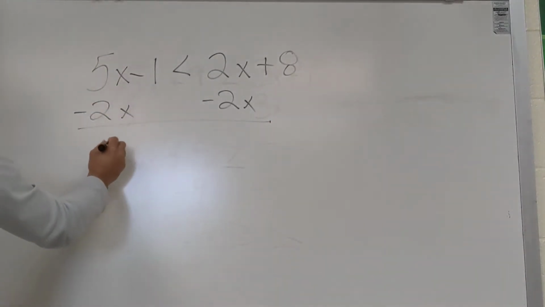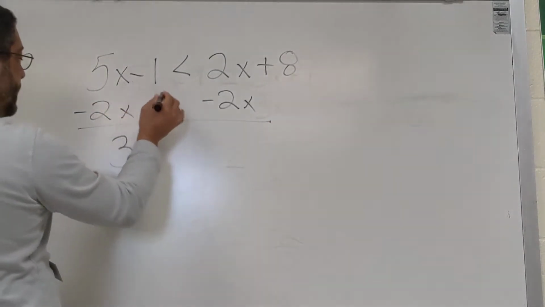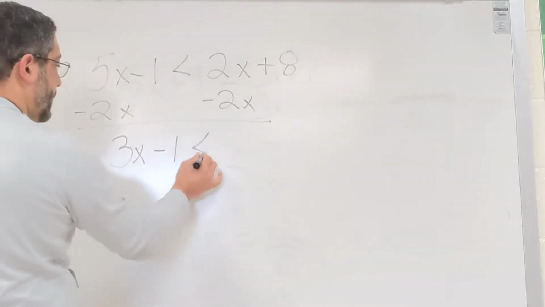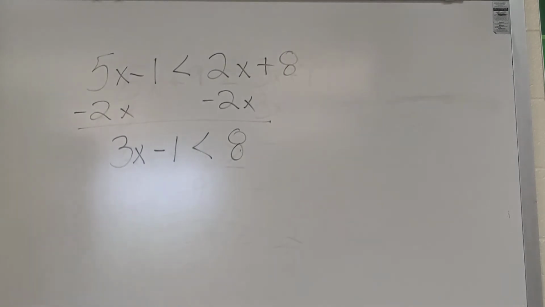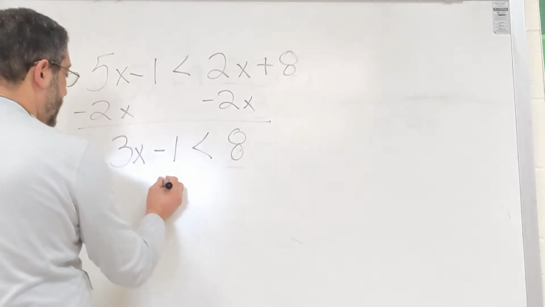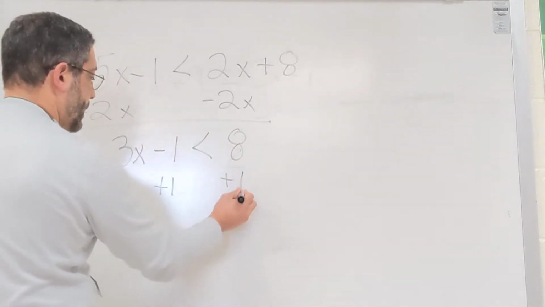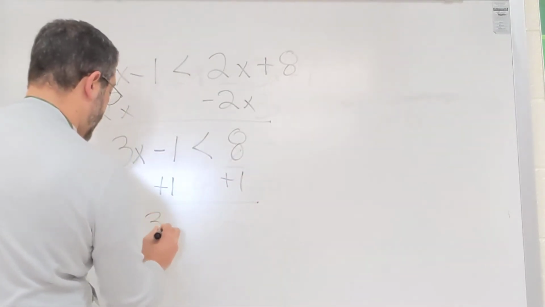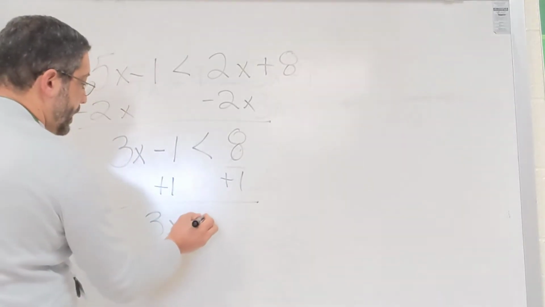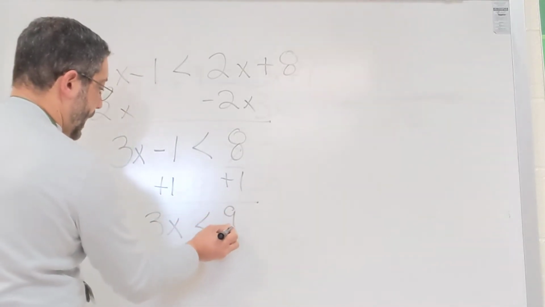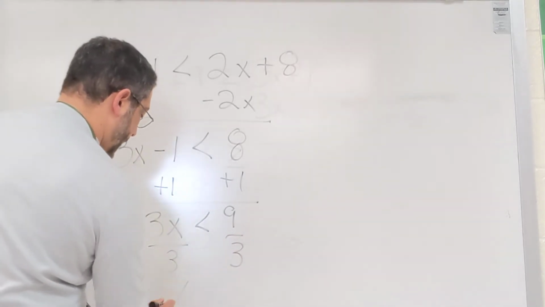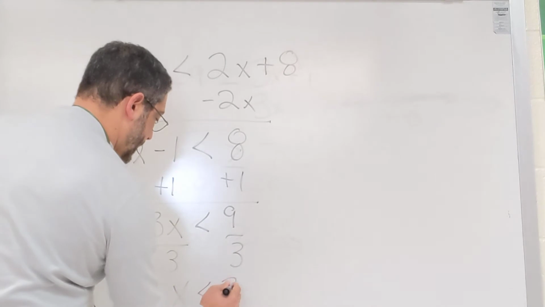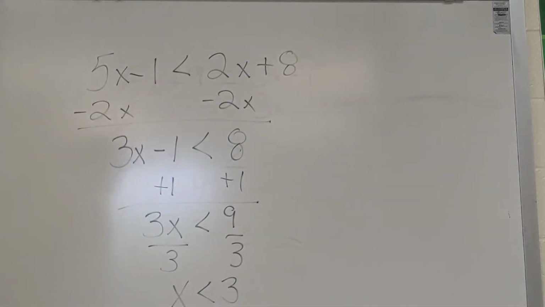So 5x minus 2x is going to give me 3x minus 1 is less than 8. All right, so you see we don't do anything different with that inequality symbol. Now the next thing I'm going to do is add 1 to both sides. So I have 3x is less than 9. Divide both sides by 3. So I have x less than 3.